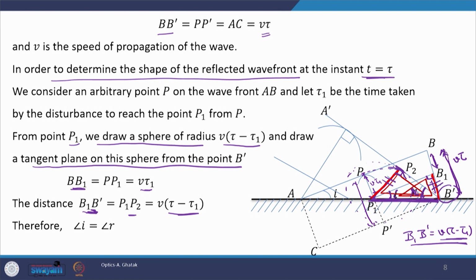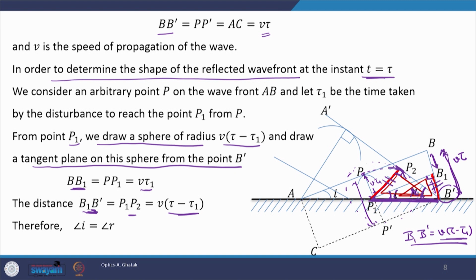Okay. Therefore, using Huygens principle, we again proved that the angle of incidence is equal to the angle of reflection, which is the law of reflection. Okay. And what did we use? We used only the concept of wavefront. We used only the Huygens principle.